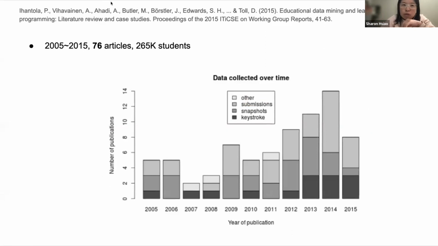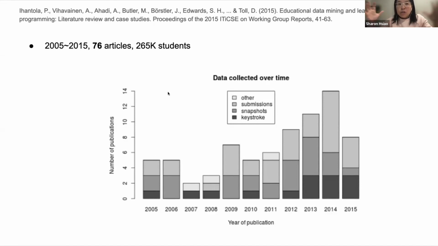As you can see, this is a 2015 paper, which gives you a very good overview of at least the recent decades of literature, particularly in programming language learning.